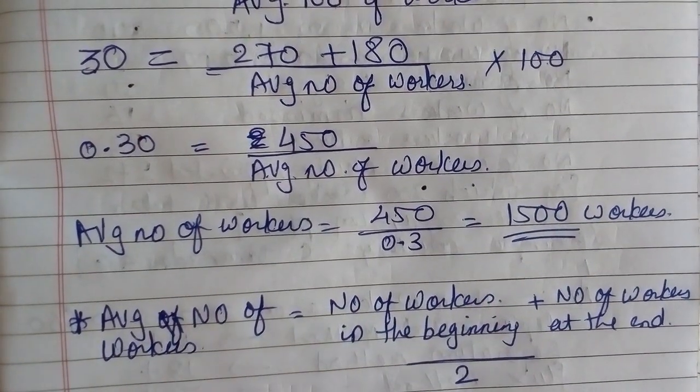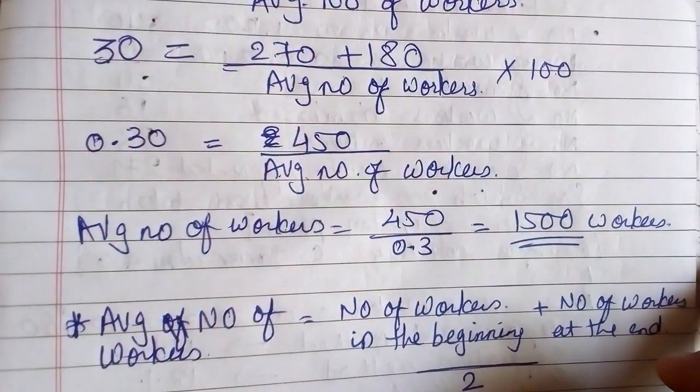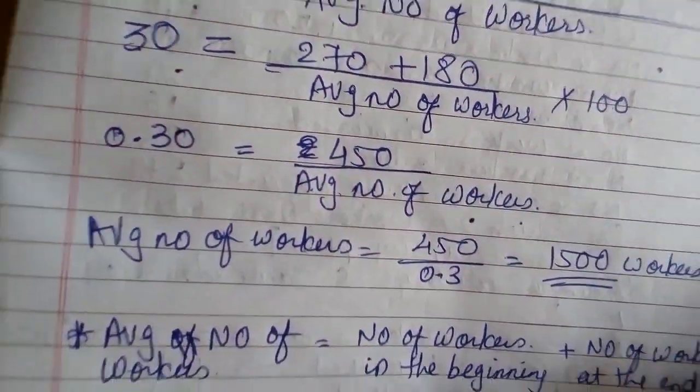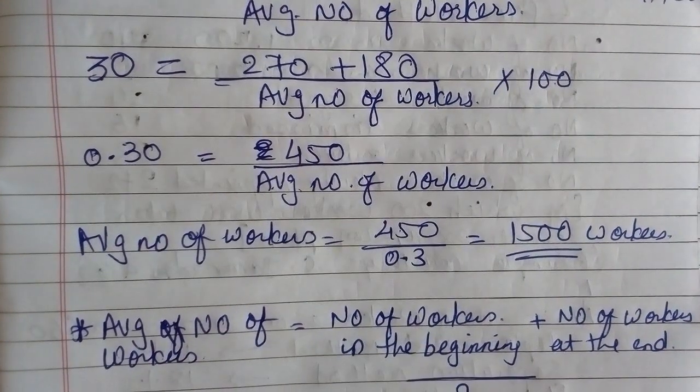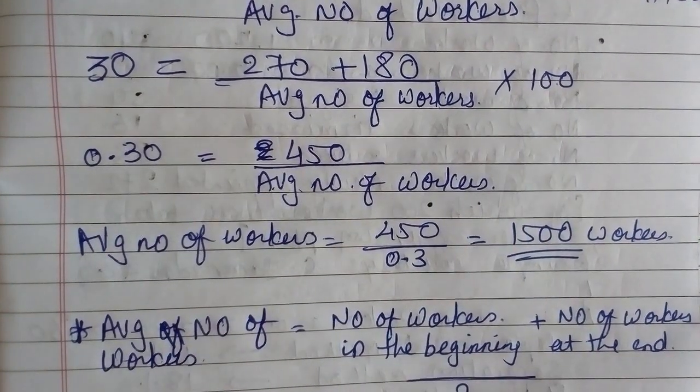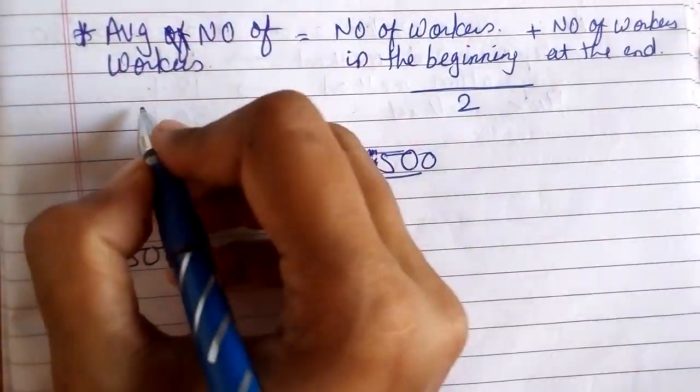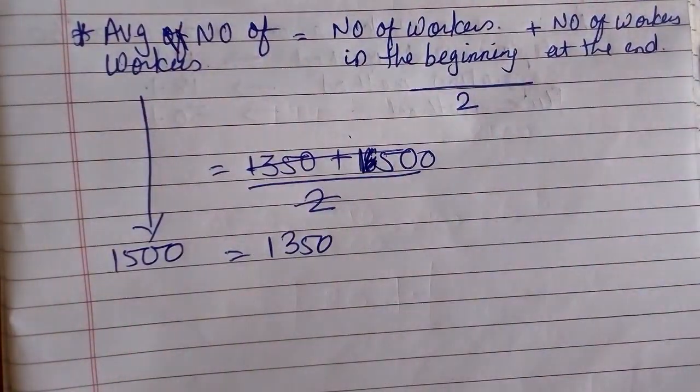Here we have the answer of average number of workers. Average number of workers are 1500. Average number of workers given is 1500.